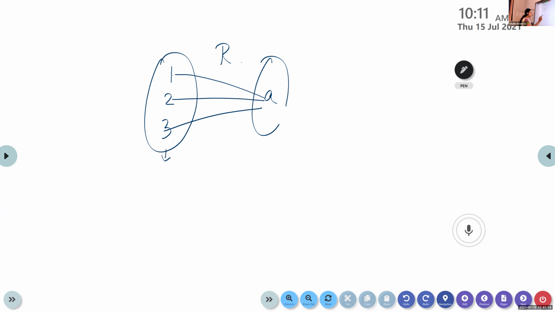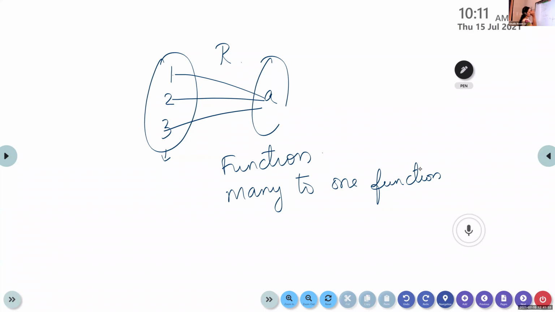Therefore, this is a function. Many elements are having the same image. So we can say this is a many to one function.